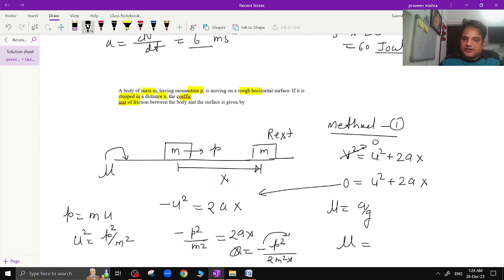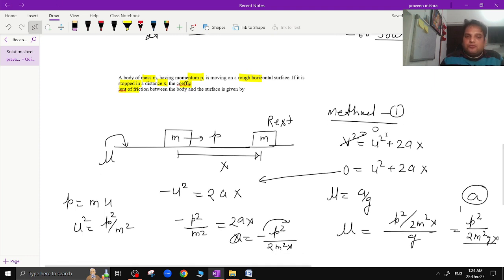That's why in place of a we will write p square upon 2m square x, upon g. Then the answer would be p square divided by 2 m square g into x. I hope in your sheet you are getting this answer as option A, right? P square divided by 2 m square g into x.